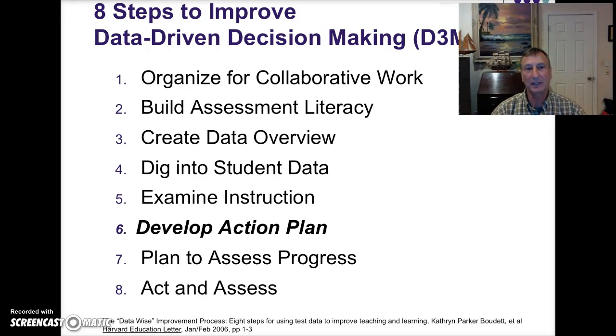What you see here is, out of the 8 steps, we're now on step 6. See if you'll pick up my cursor down here. Developing the action plan.